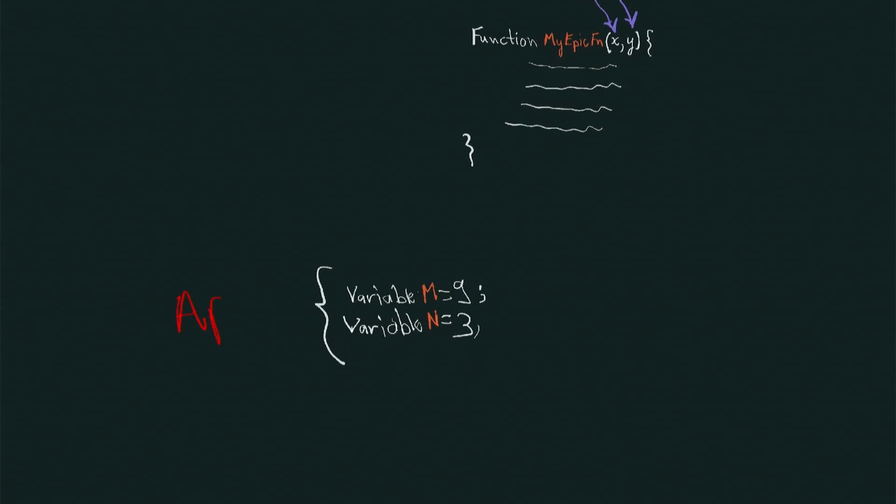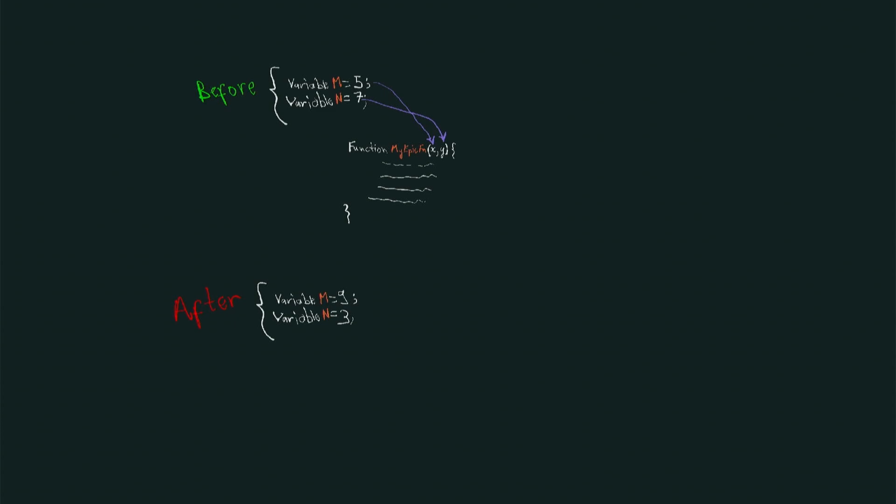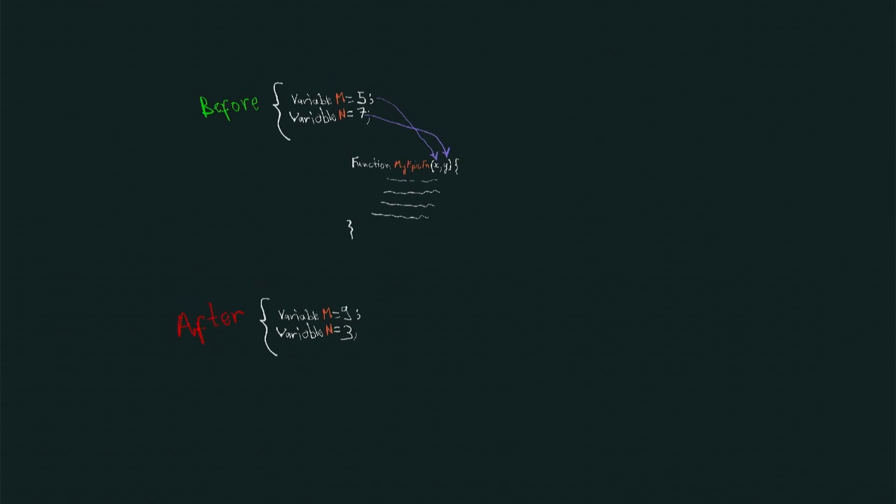So after some calculations, we end up having the values of these variables changed. We went from these values to these values, and you can clearly see this is because we executed some function, the function right here. So this is all the fault of this function.